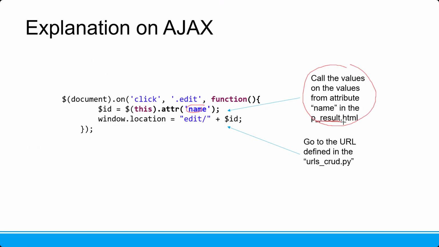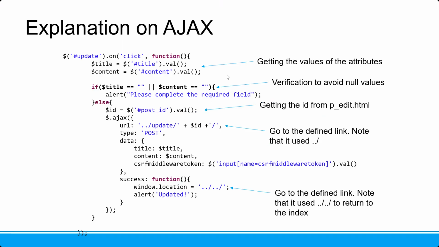The attribute name from p result, and then this is to go to the edit function, and this is based on the urls.py. And yeah, this is the same as the previous one.